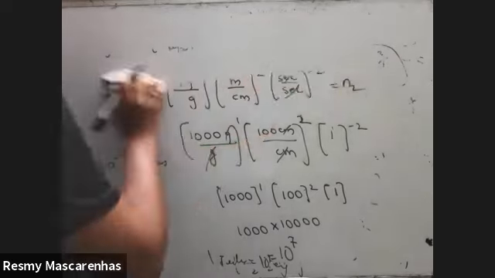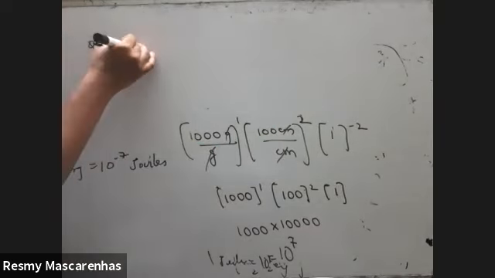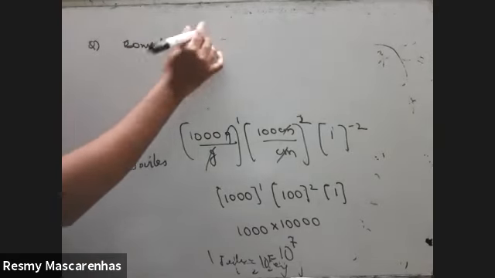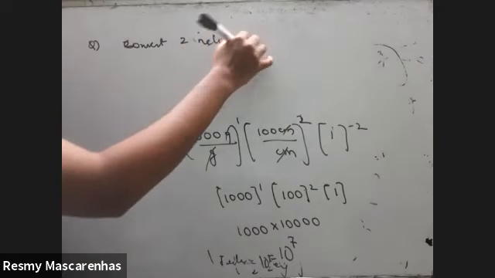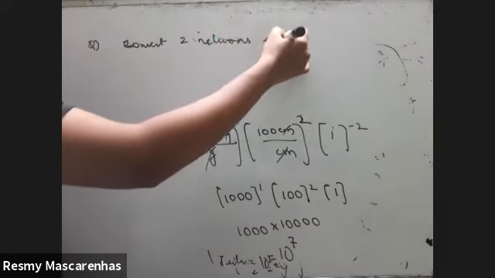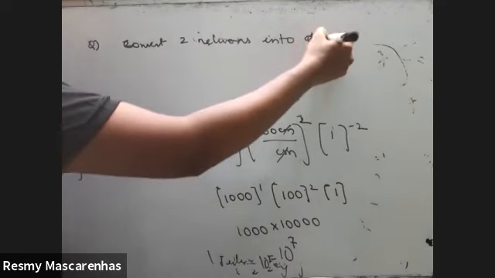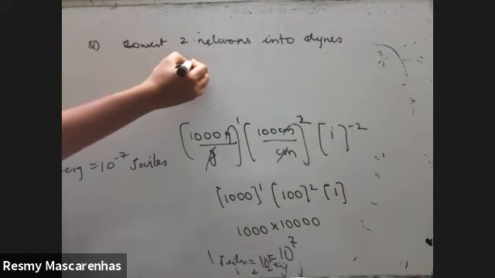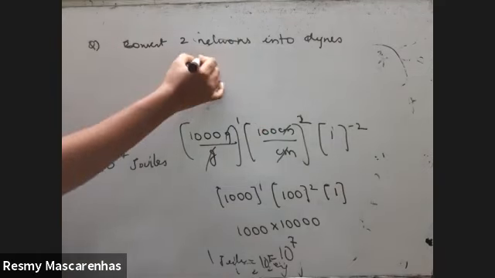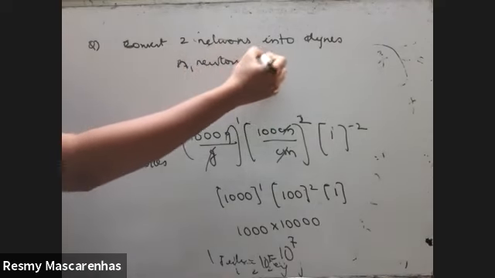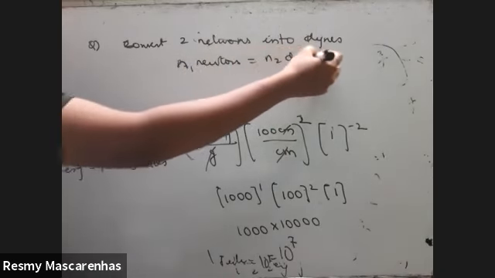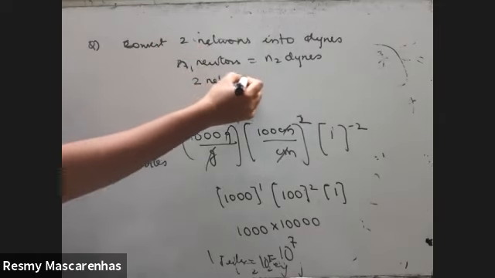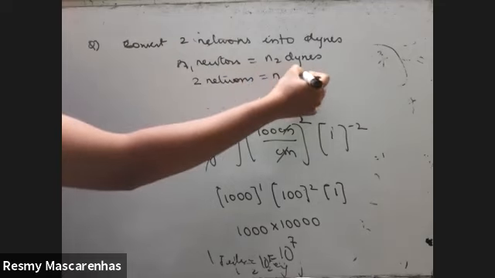Same way, suppose like this has been given: convert 2 dyne to newton, whichever. What you have to take is just this. Anyways, we will take N1 newtons is equal to N2 dyne. So N1 newtons is equal to N2.